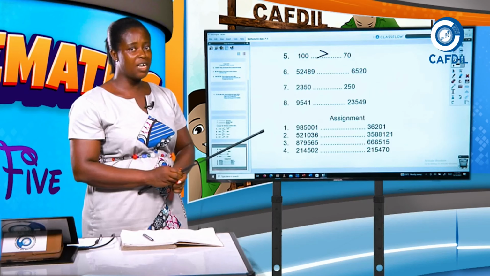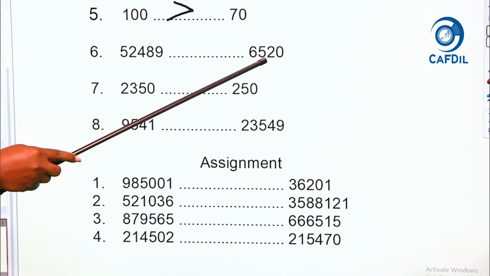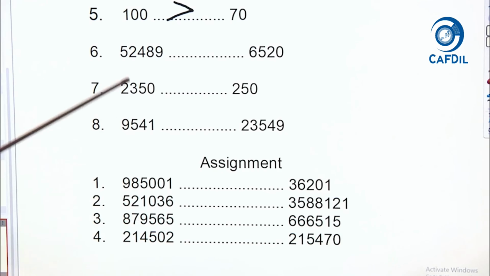When we start, this is ones, tens, hundreds, and then thousands. So you see that this number is in thousands. Let's come to this. This is ones, tens, hundreds, thousands, and then 10,000. So this is in 10,000. And 10,000 is greater than 1,000. Good. So 52,489 is greater than 6,520. Let's insert the sign. Good.